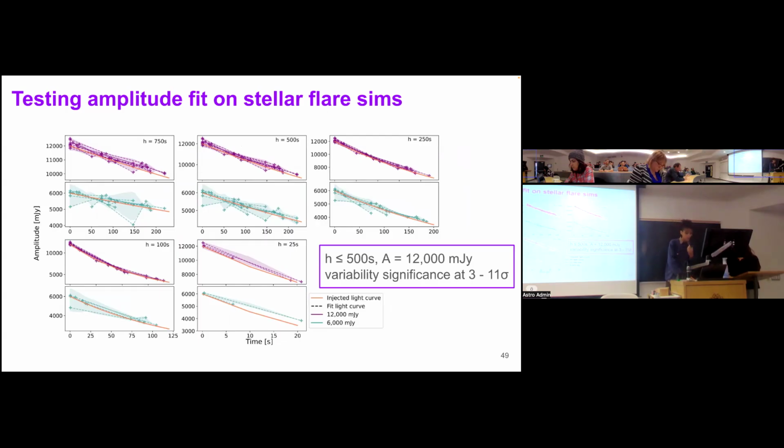So we calculated the significance relative to a flat line at whatever the mean value is. For half-lives shorter than 500 seconds for the higher amplitude source, we found a variability significance of 211 sigma. So basically, we could say the source is varying compared to a flat line for any half-life shorter than 500 seconds.